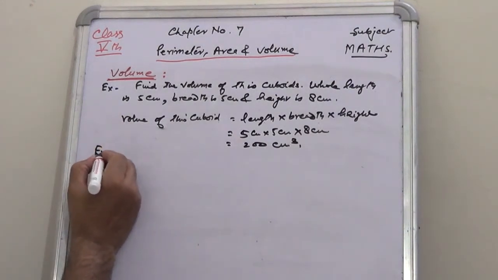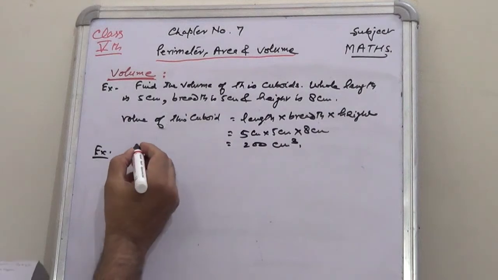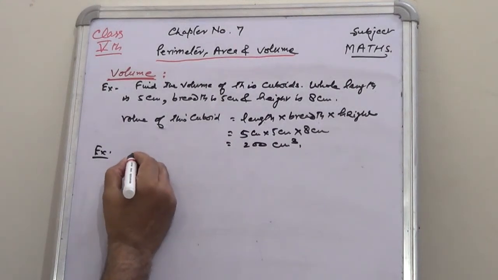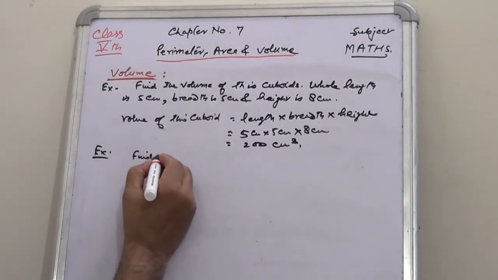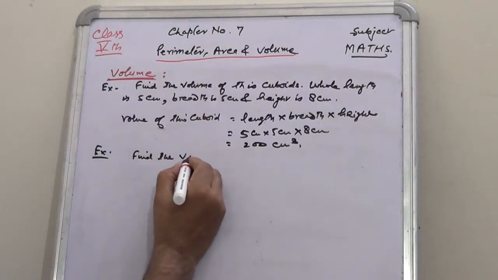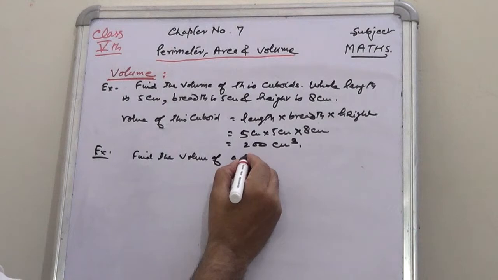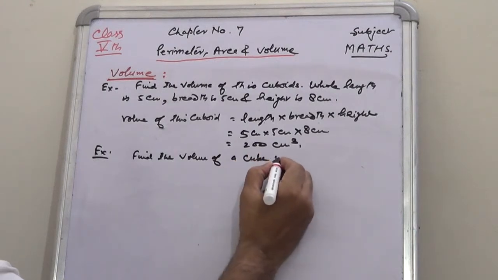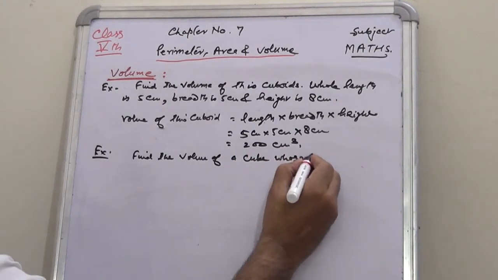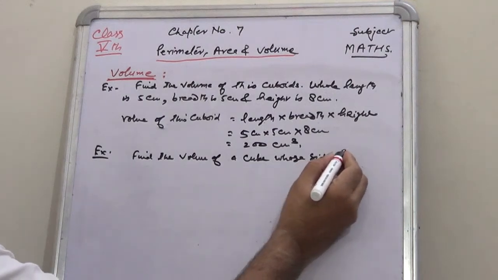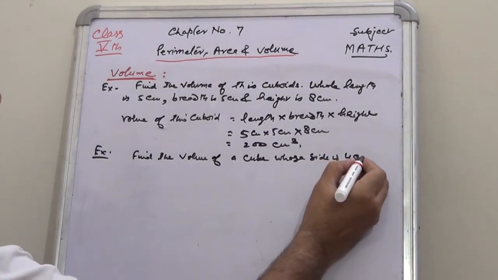Now we take another example, of a cube whose side is 4 centimeter.